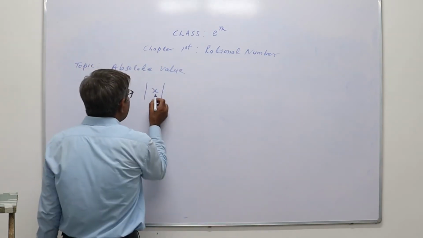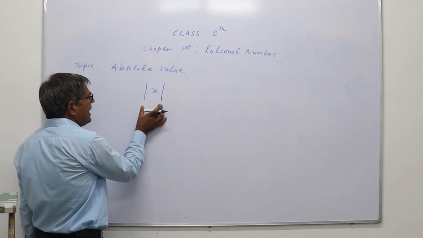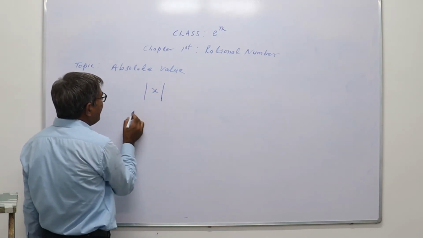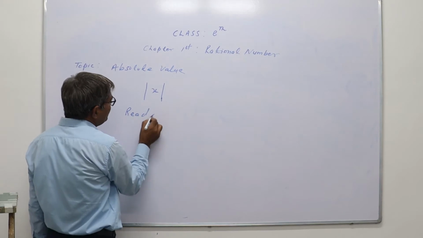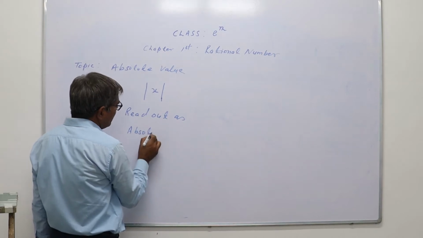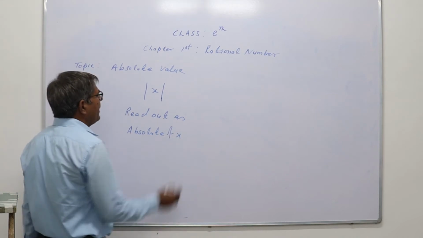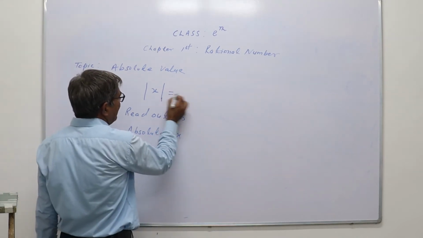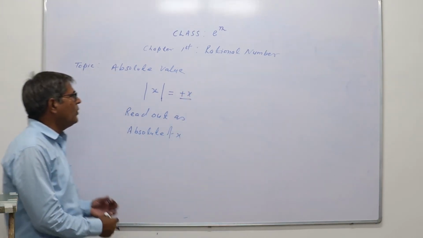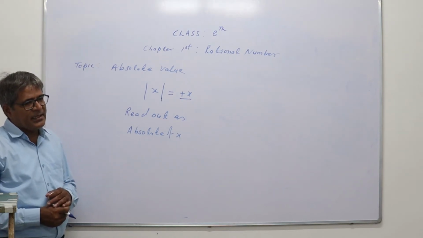So let x be any variable, and if we have to find the absolute value of x, it is represented by these two vertical lines and read out as absolute of x. And the absolute value of any real number is always the positive value of that number.